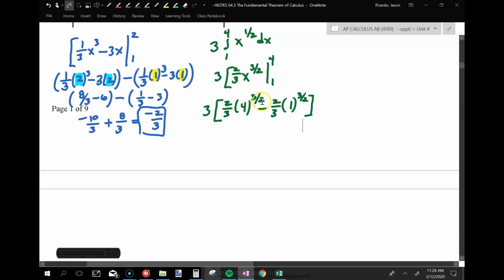So I want to do what? I can either take the square root of 4 and get 2, and then take 2 and cube it, right? Which is 8. Or I could take 4 and cube it, which is 64, and then take the square root of it, which is 8. So either way, you're going to get the right answer. 8 times 2/3.